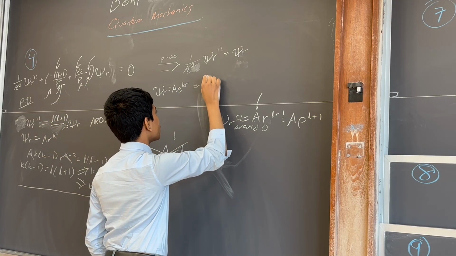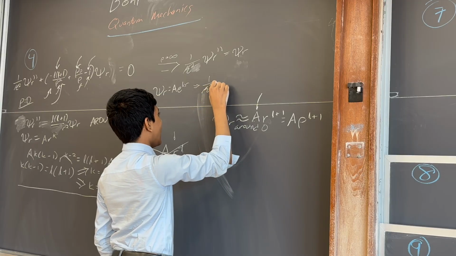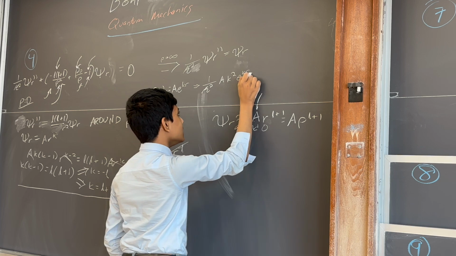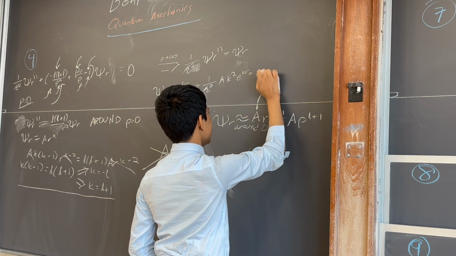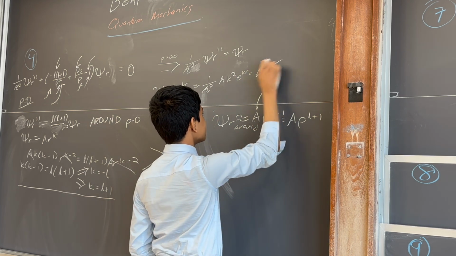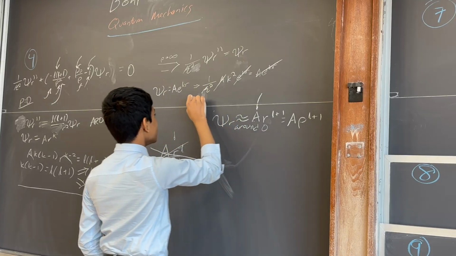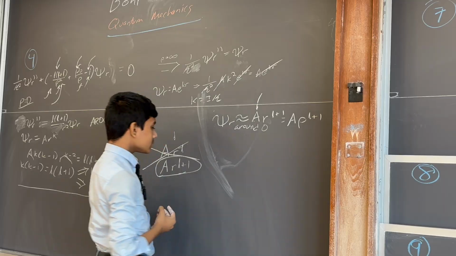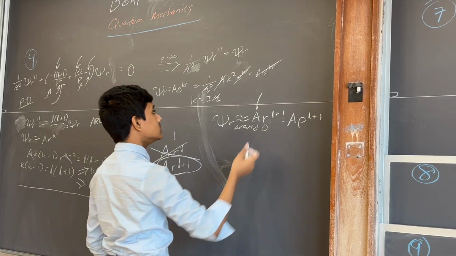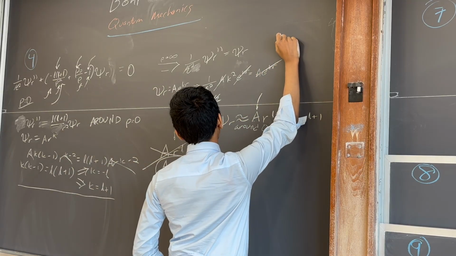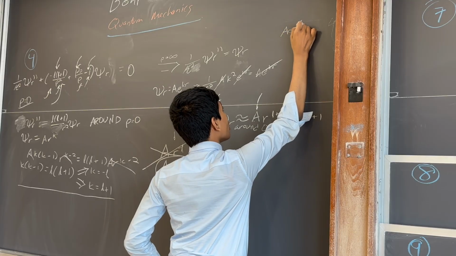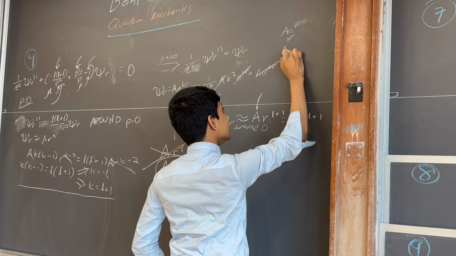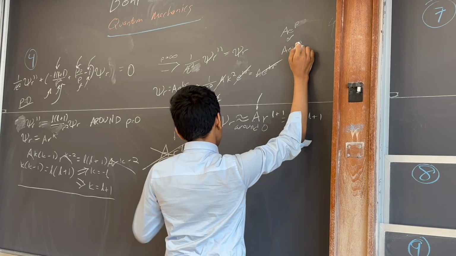We get 1 over kappa squared A k squared e to the kr is equal to A e to the kr. So this cancels out with that. And so k is equal to plus or minus kappa. But that gives us two solutions once again. So which do we pick? A e to the kappa r, which is A e to the rho, or A e to the minus rho?